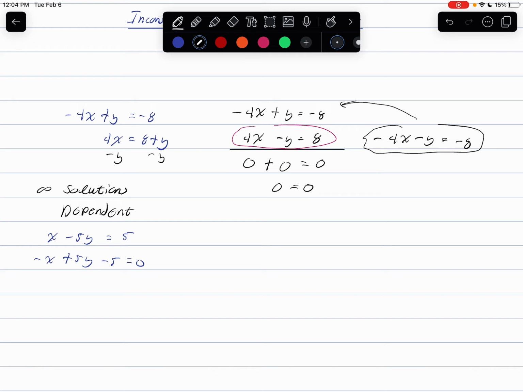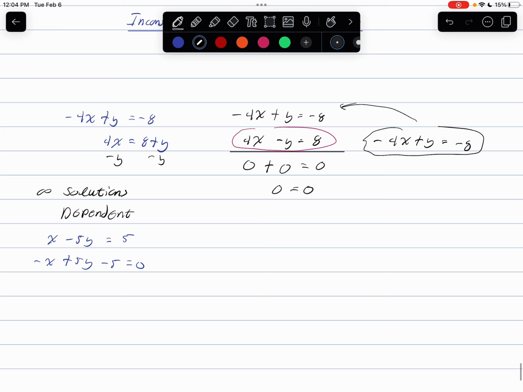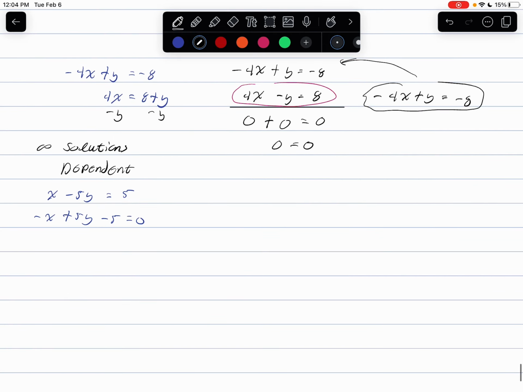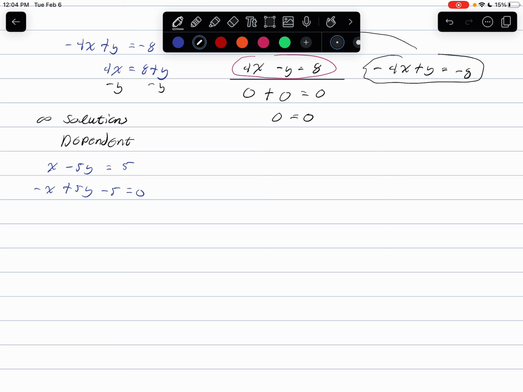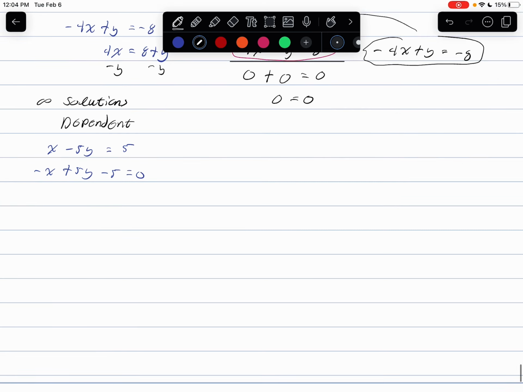This should be plus, I'm sorry. This should be plus. My bad. Okay, so we have negative 4x plus y equals negative 8. So we're actually just looking at a different representation of the same line. So we would say that these are effectively the same line, and they are dependent. And we have an infinite number of solutions because they are constantly intersecting each other.